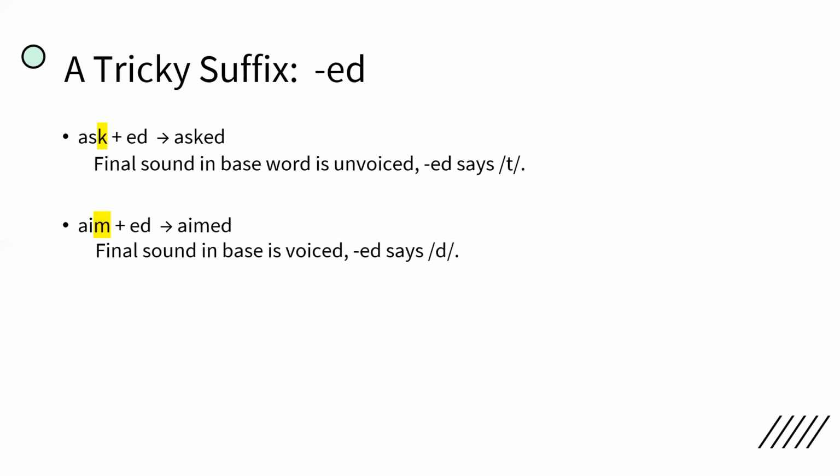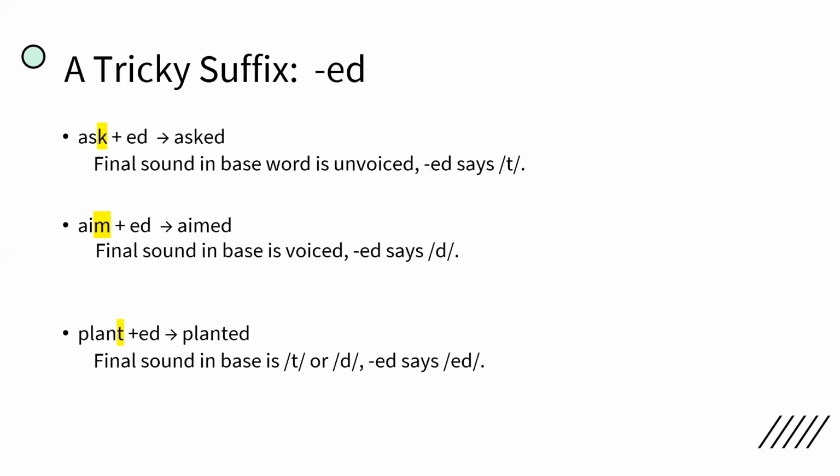The next sound for ed is d. This is a voiced sound. When you feel your vocal cords while saying this sound, you should feel some vibrations. So if we look at the base, aim, the m is a voiced sound. Therefore, the ed will make its voiced sound, which is d.